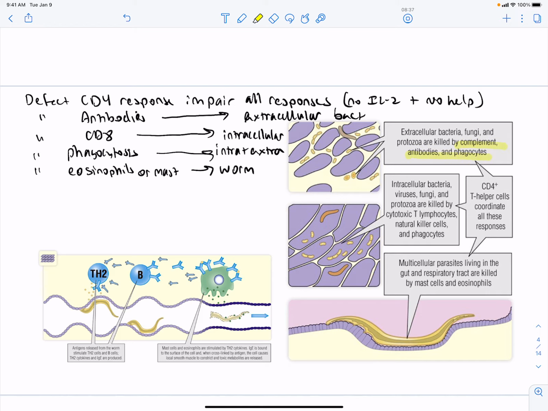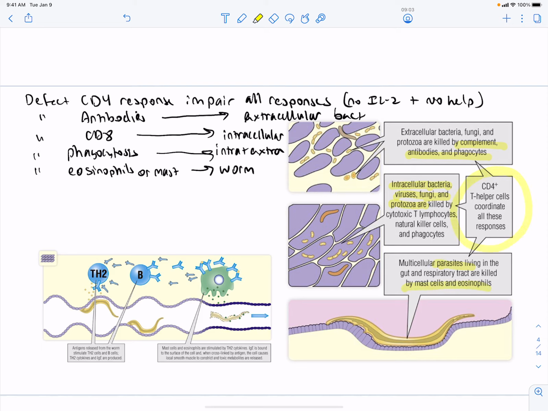Any defect in any of these is going to impair the ability of your body to respond to those extracellular pathogens. We have intracellular bacteria, viruses, fungi, and protozoa, which require CD8 T cells, NK cells, and phagocytic cells. And we also have our parasites that require mast cells and eosinophils.